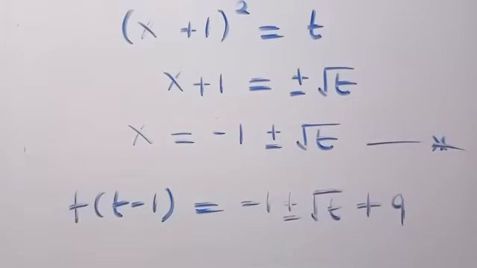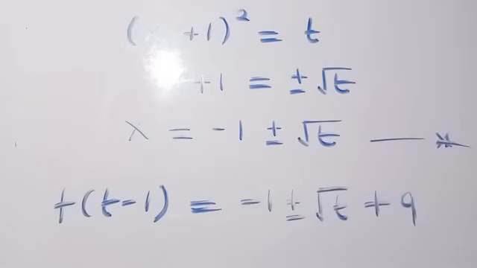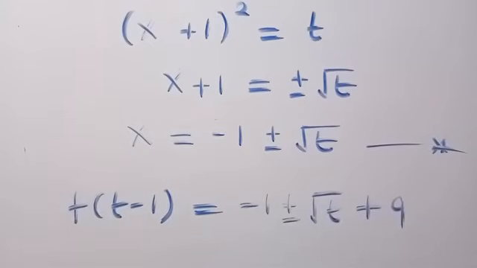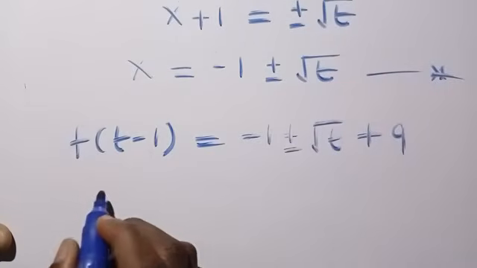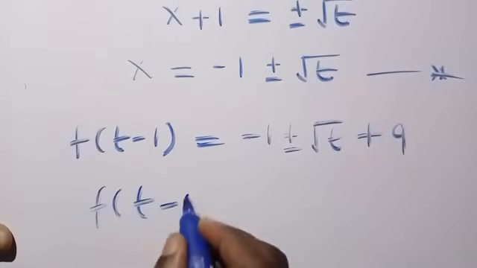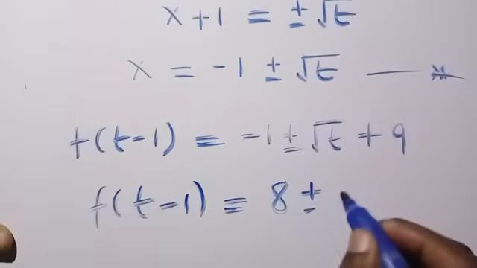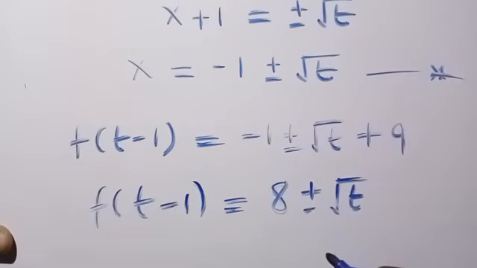After doing the replacement, we have f of t minus 1 equals minus 1 plus or minus the square root of t plus 9. By adding minus 1 and 9 together, we have f of t minus 1 equals 8 plus or minus the square root of t.